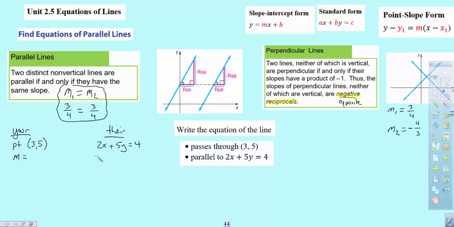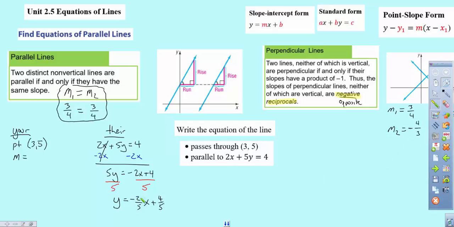We can put that in slope-intercept form. We can subtract 2x. We get 5y is equal to negative 2x plus 4. We can divide by 5, and we find that y is equal to negative 2/5 x plus 4 over 5.